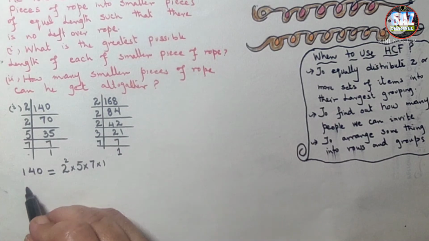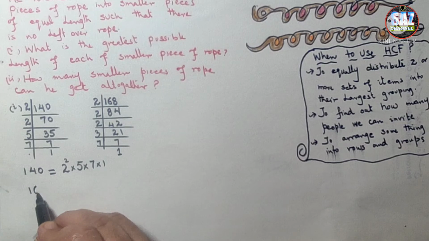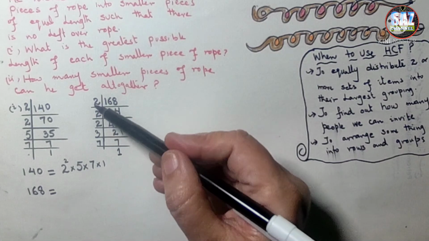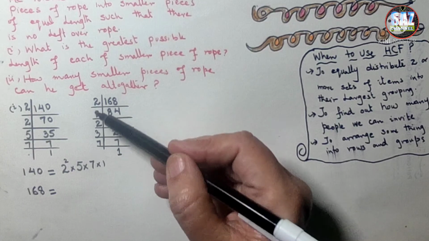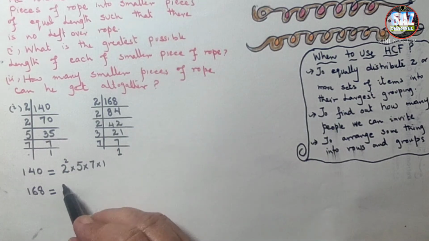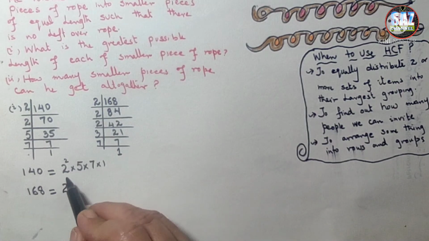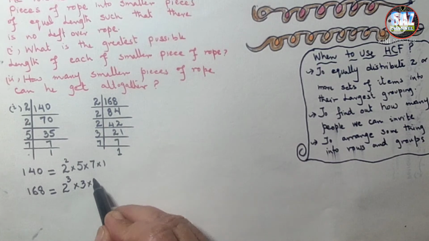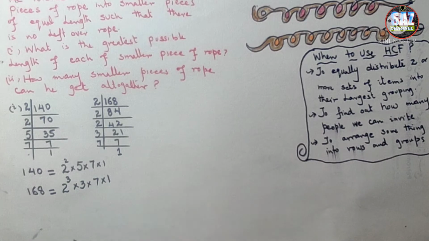Now 168 in index form: the prime factorization of this is 2 raised to power 3 multiplied by 3 multiplied by 7 and multiplied by 1.